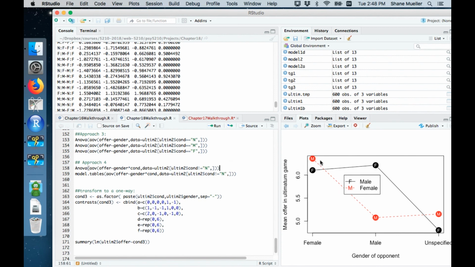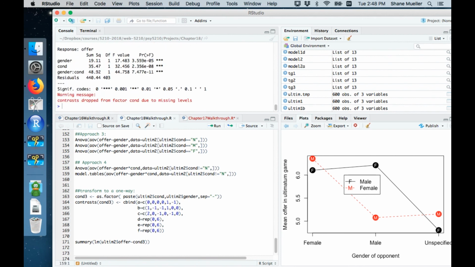So if I want to see, is there an interaction between just male and female opponent and male and female dictator, that would mean that there's sort of a negative here and a positive here, or a negative here and a flat here. You can do a different subset and test the interaction.